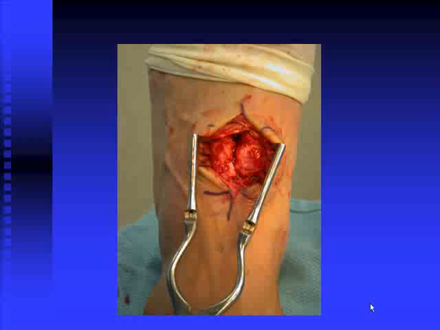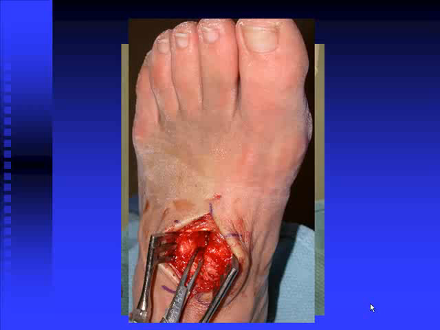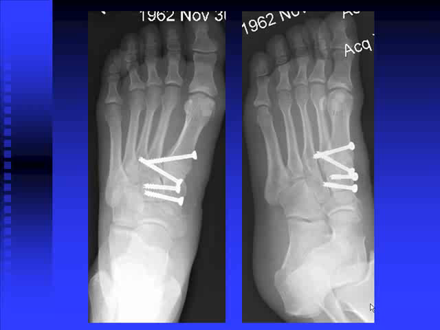And we've fixed this with 2 screws between the medial and intermediate cuneiform, and then 1 screw from the first metatarsal into the second, another screw from the medial cuneiform into the second. So this is a very stable, solid way of performing the internal fixation.